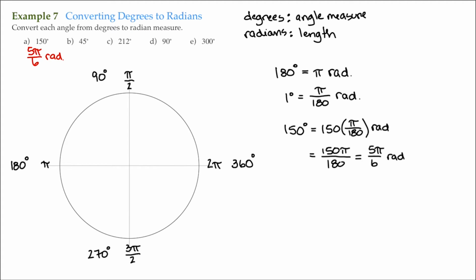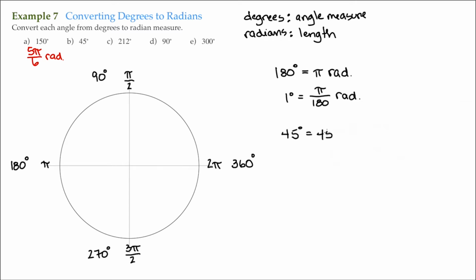Let's try B. 45 degrees, that's going to be 45 times pi over 180. So this is 45 pi over 180.